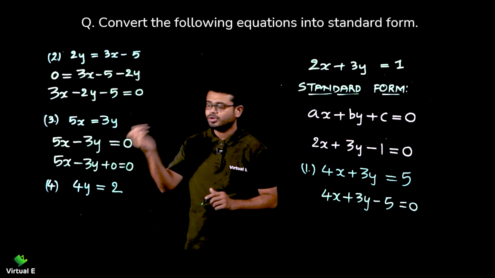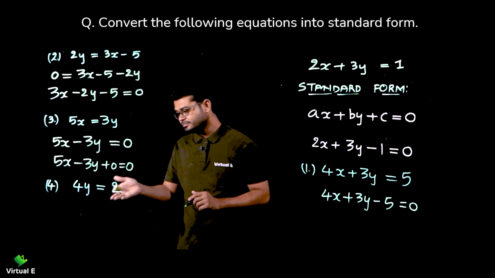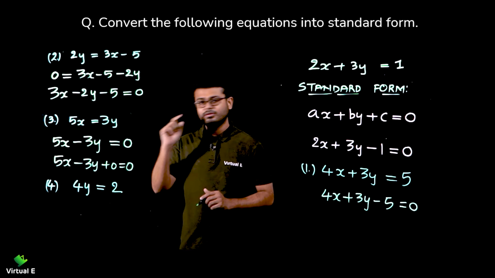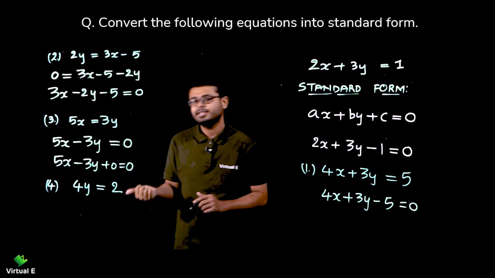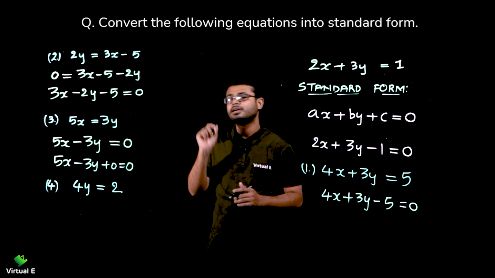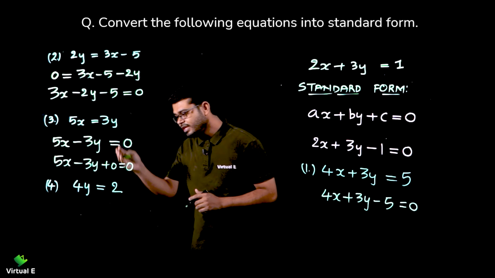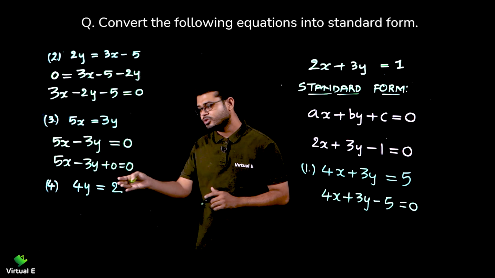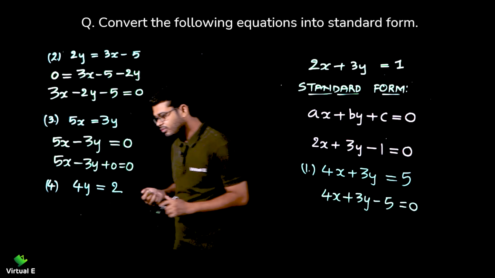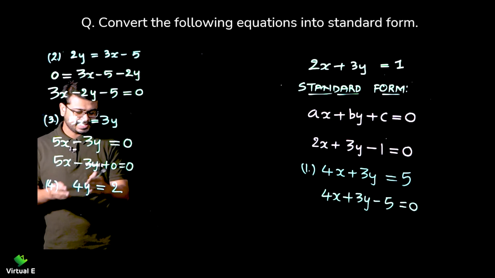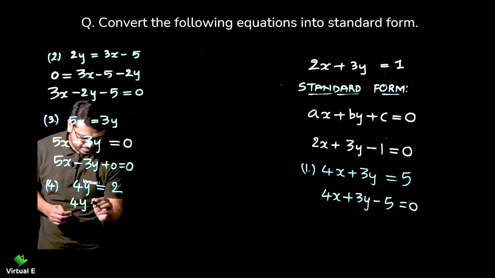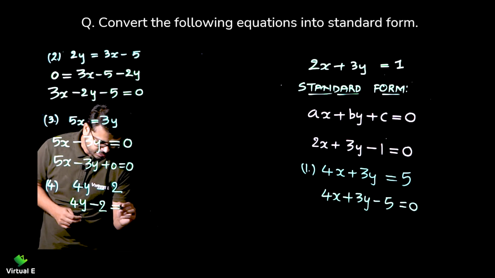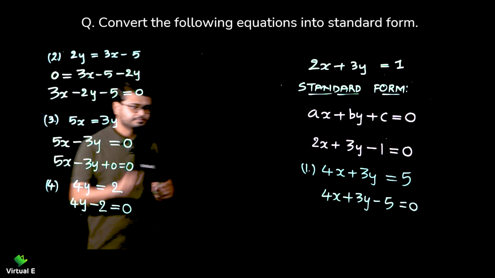Next, 4y is equal to 2. So far we were not having the constant. Now we don't have another variable as well. We have only one variable. You must be thinking this is a linear equation in one variable. Yes, it is, but we need to express it as a linear equation in two variables. So how can we do that? First of all, let's get the RHS equal to 0. So that is 4y minus 2 is equal to 0.